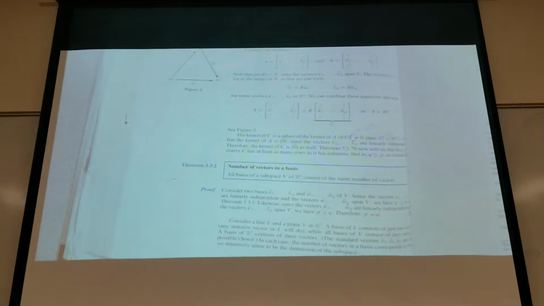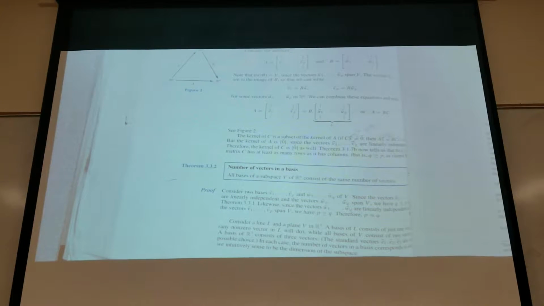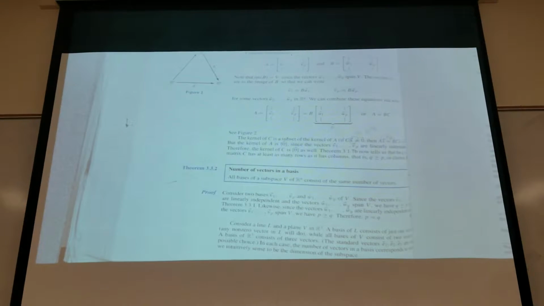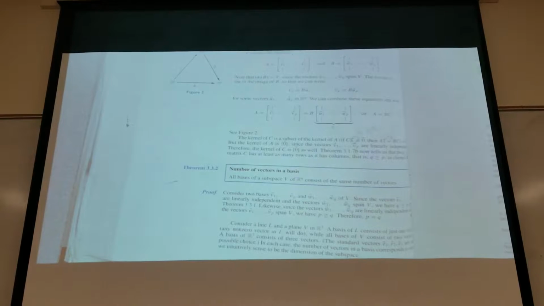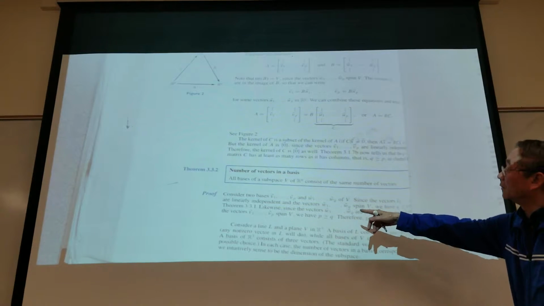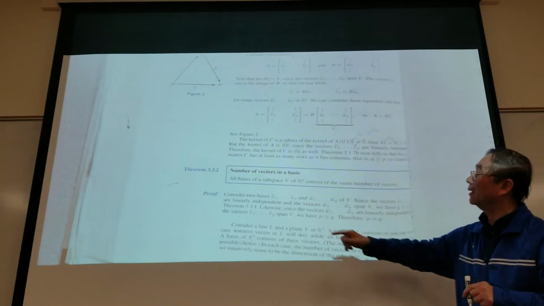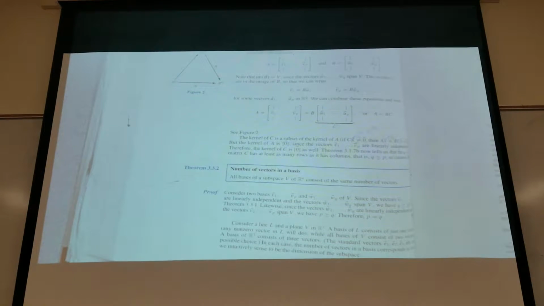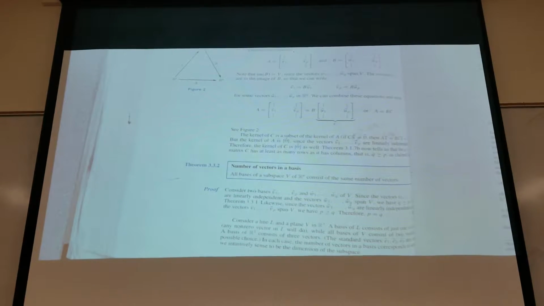So I have basis 1 and then basis 2. Suppose one basis has V1 all the way to Vp, p of them.